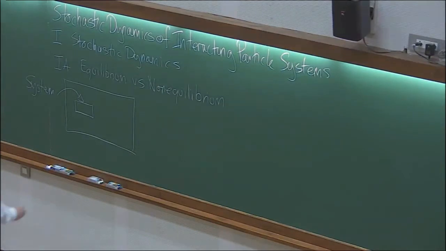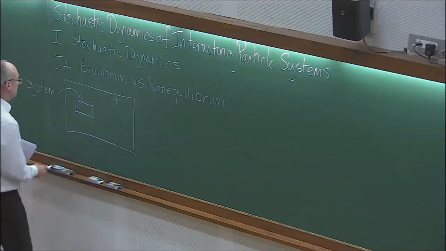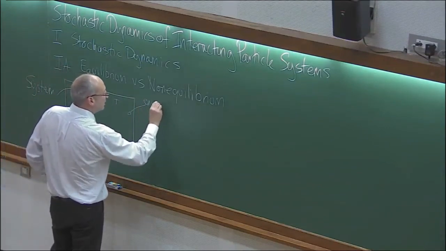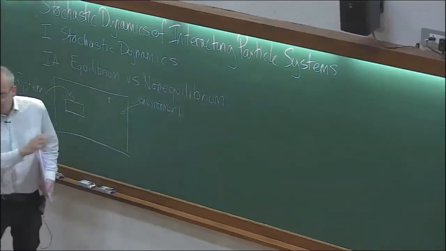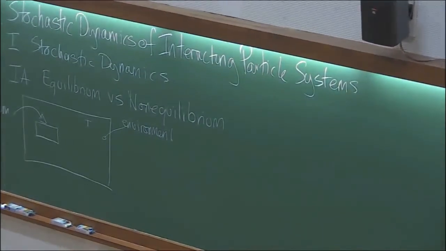The environment has temperature T. So this is the environment. And then there's some passive exchange of energy with the environment. Energy just gets exchanged back and forth until we get to what we call thermal equilibrium. You learned that this was given by the Boltzmann distribution.